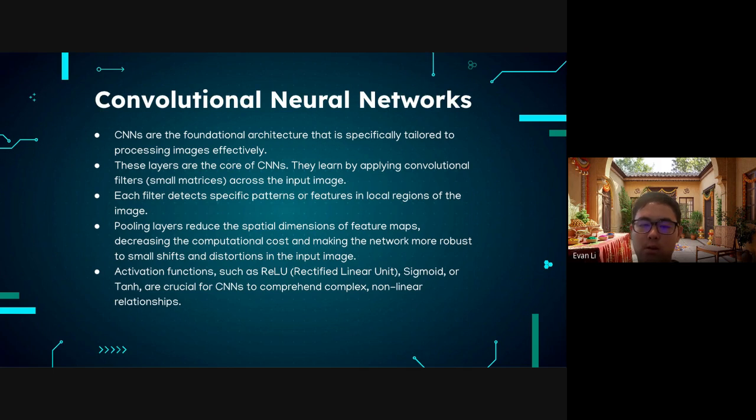Finally, to enable CNNs to learn complex, nonlinear relationships inherent in visual data, nonlinear activation functions are essential. Activation functions such as ReLU, rectified linear unit, sigmoid, or tanh are applied after convolutional and pooling layers.